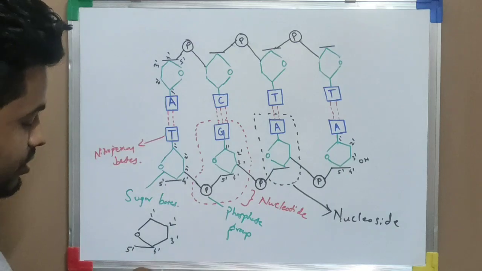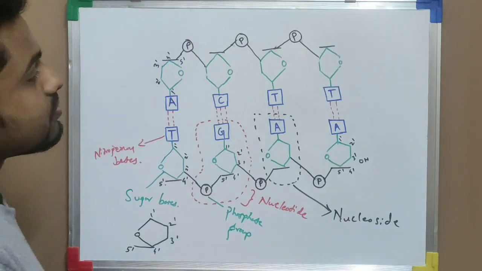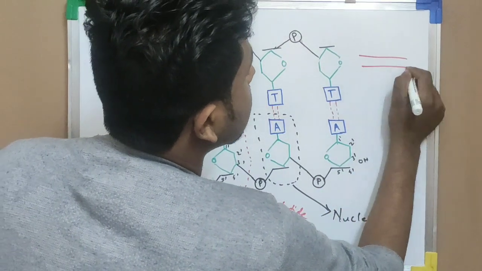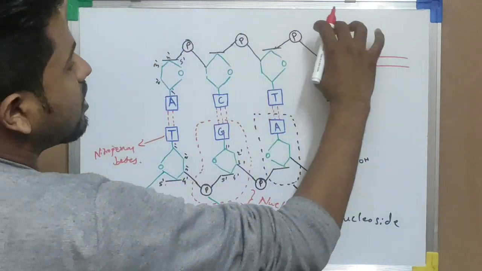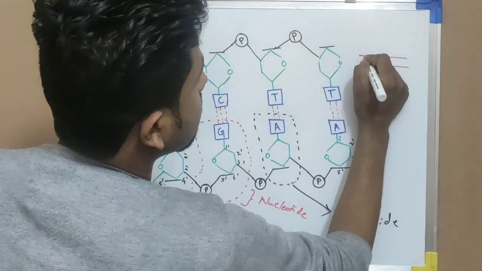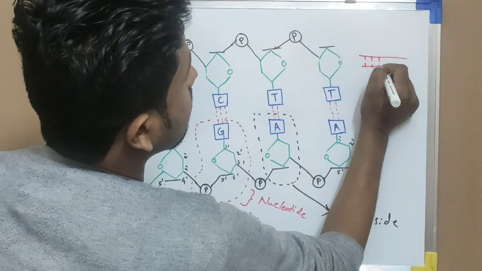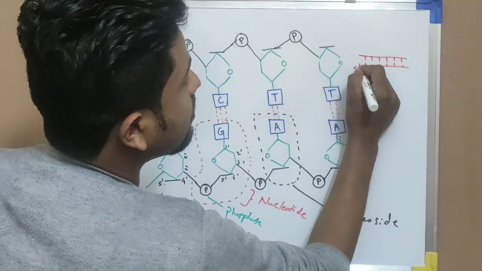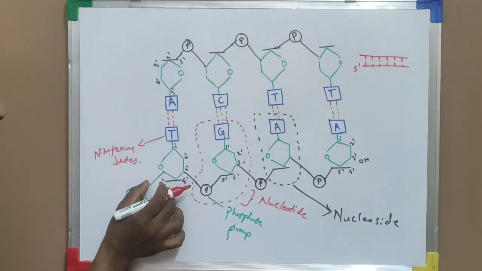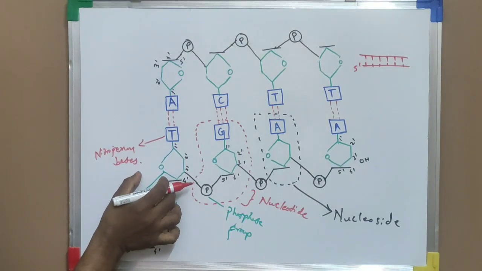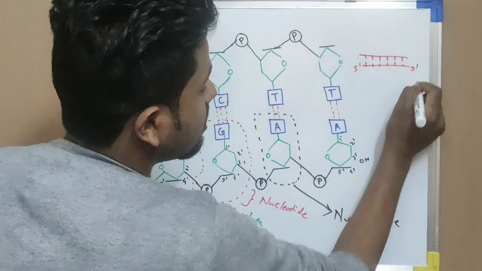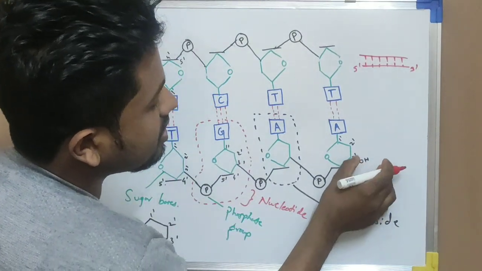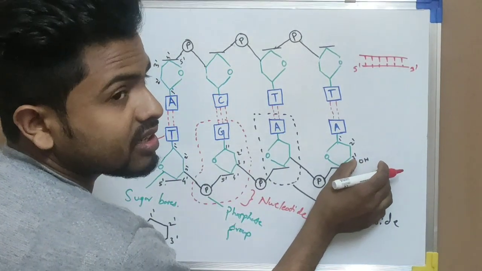So when you draw 2 DNA strands, this is one strand and this is another strand, you will see here the 5' end, and the 3' end here means this 3' end. You see the 3' end is free, right?